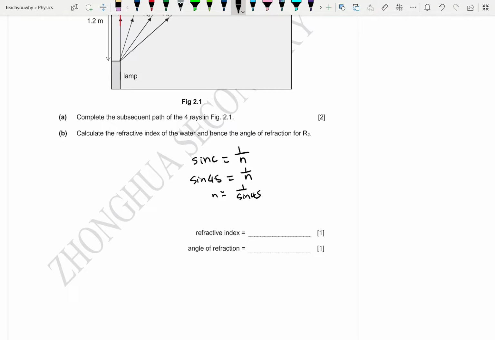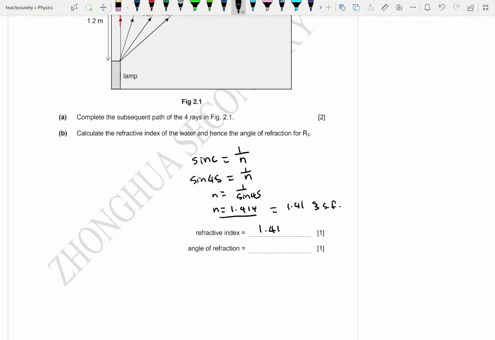Okay, so n equals 1.414. Round off to 3 sig fig, so it is 1.41 (3 SF).